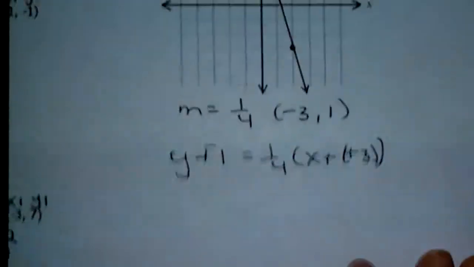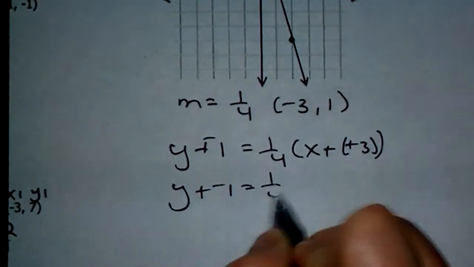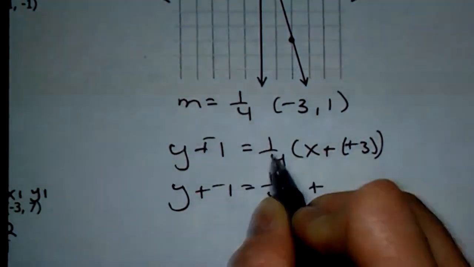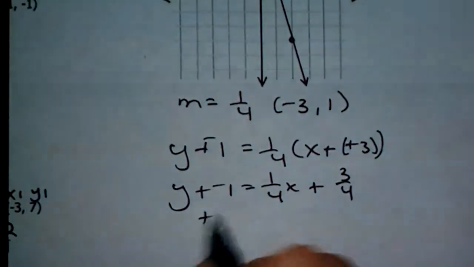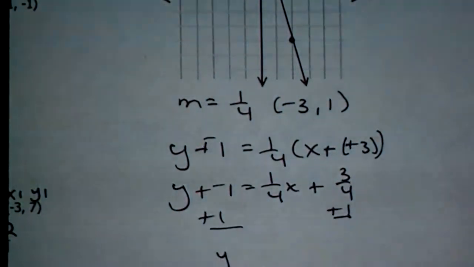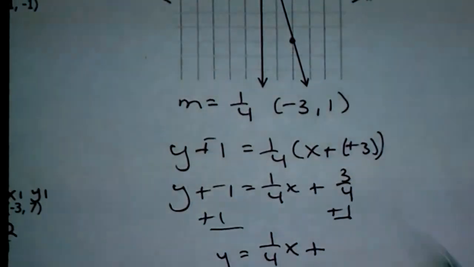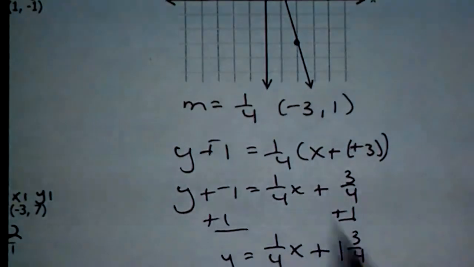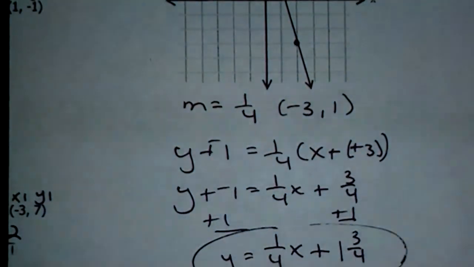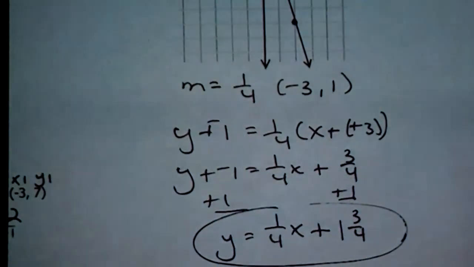All we have left to do is rearrange this lovely little problem. y plus negative 1 equals 1/4 x plus, and 1/4 times 3, yes, that is 3/4. And we're going to add 1 to each side. y will equal 1/4 x plus, if you take 1 plus 3/4, that would be 1 3/4 or 1.75, whatever you prefer. Either way, you are done. See you tomorrow.